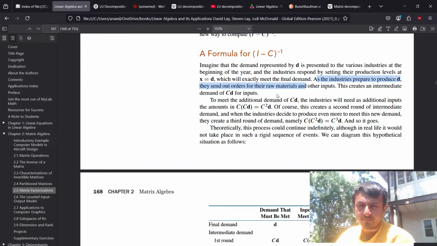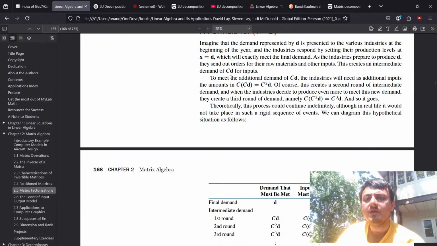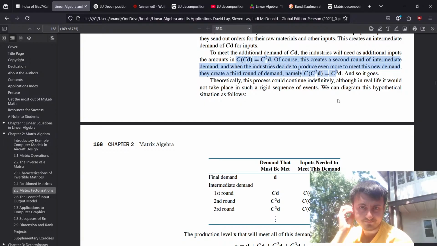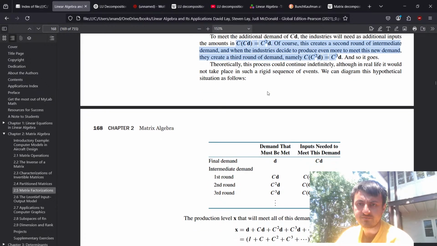As the industries prepare to produce D, they send out orders for the raw material. This creates an intermediate demand of CD for inputs. To meet additional demand, the industries will need CCD. Of course, this creates a second round of intermediate demand, and you get C cubed D, and so it goes. Theoretically, this process will continue indefinitely, although in real life it would not take place in such rigid sequence of events.